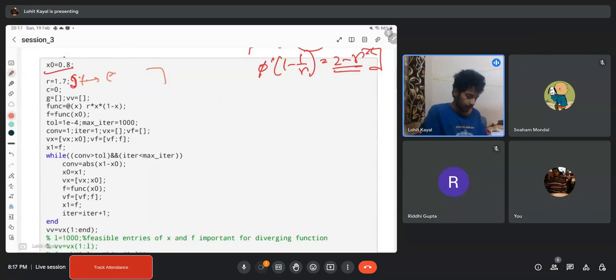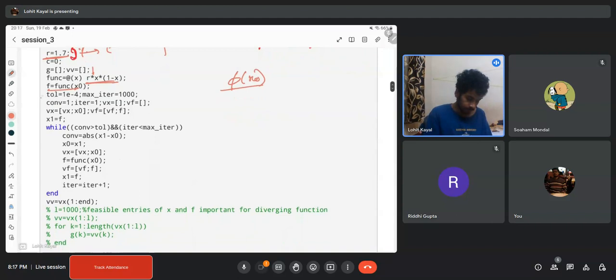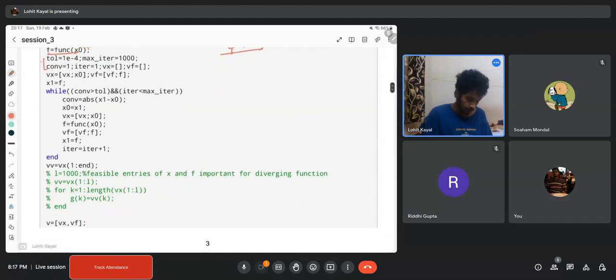So here I am defining r. This is the value 1.7. G and VB are some functions, which will be defined later. Here I am defining the function as func, and this is my initial value, phi of x naught, func of x0. This is the standard tolerance convergence part, and this is where I am doing my iteration process.